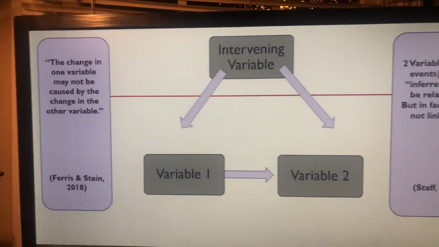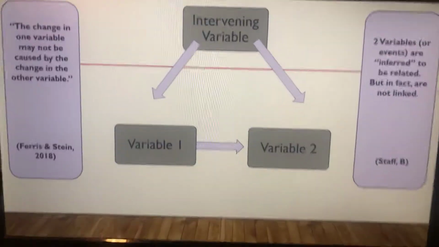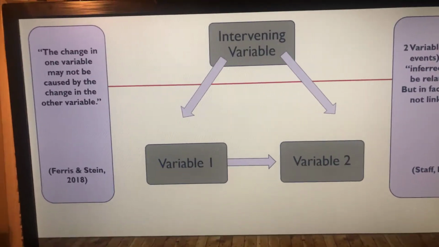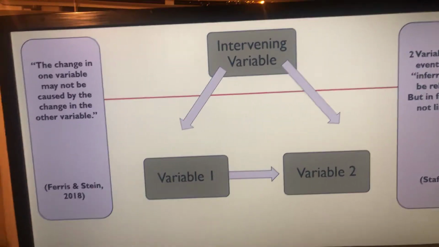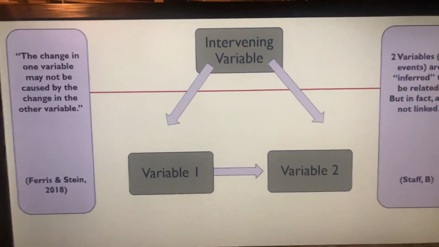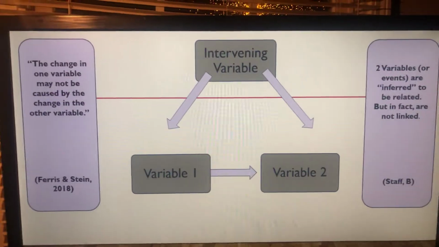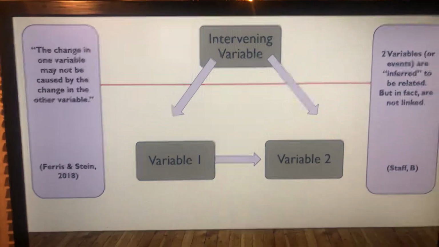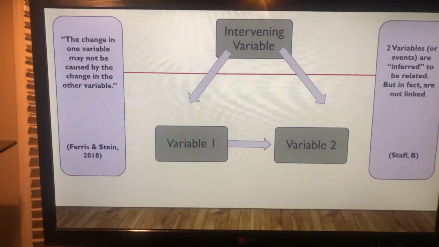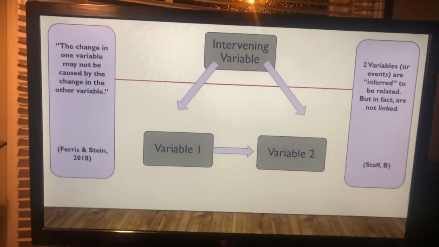So we'll move on. This was a chart created just to show how spurious correlations actually work. You see, you have the intervening variable at the top, and then you have variable 1 or variable 2, which also could be an incident or an event. And what happens is, as it says, the change in one variable may not be caused by the same change in the other variable.